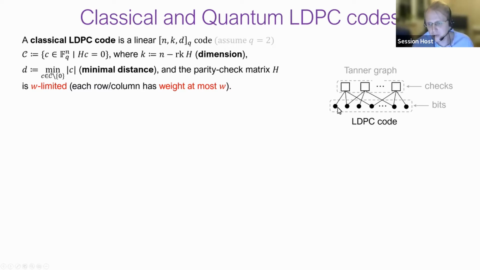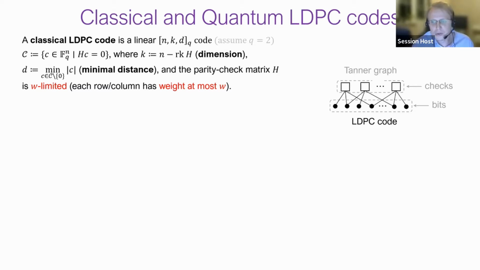So you look at a check, you sum up the bits connected to this check modulo 2, and if you obtain 0, then you say that this check is satisfied. If you obtain non-zero, then this check is not satisfied.